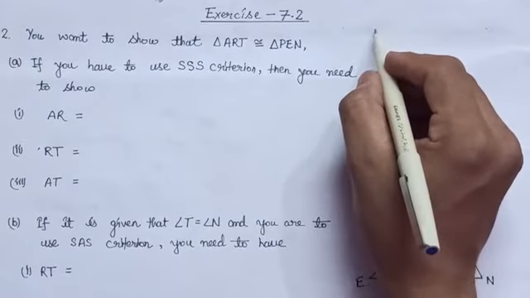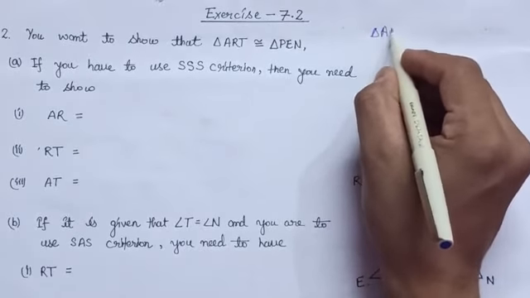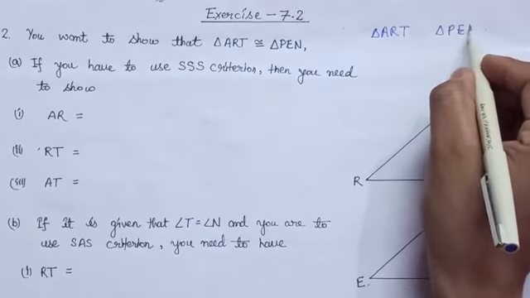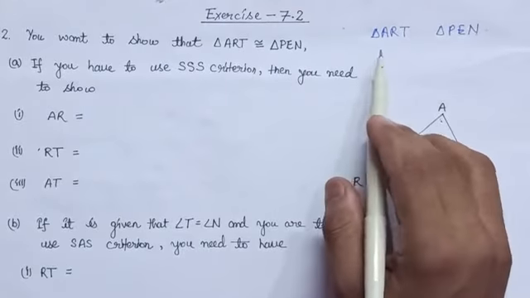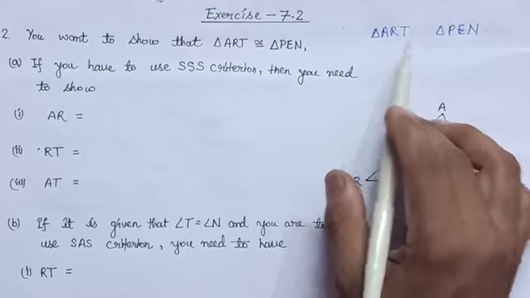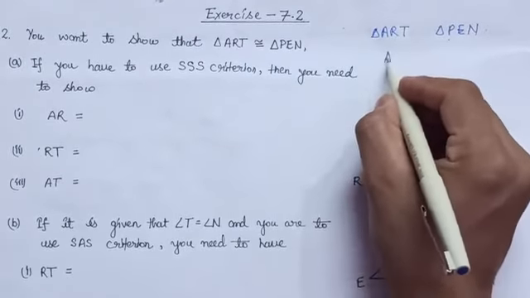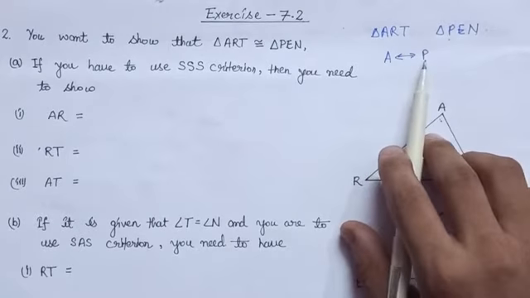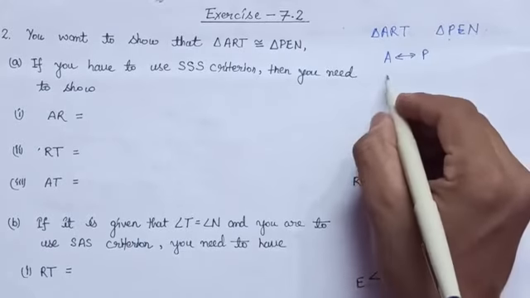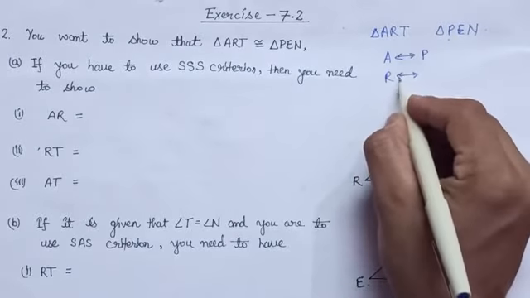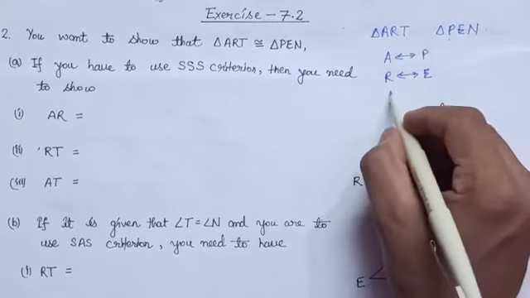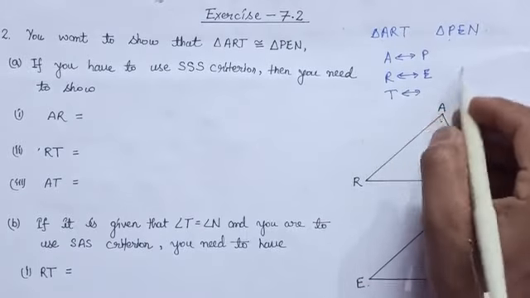So if we talk about the triangle ART and triangle PEN, here we can see that the corresponding vertices are: A matches with P. So we can write A corresponds to the vertex P, the vertex R corresponds to the vertex E, and similarly the vertex T corresponds to the vertex N.